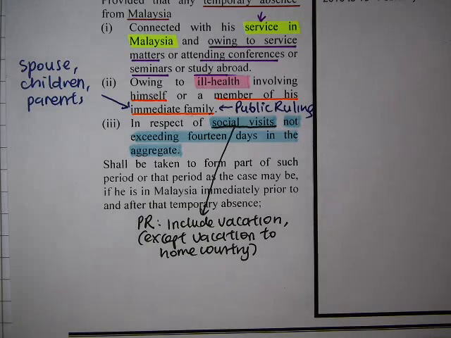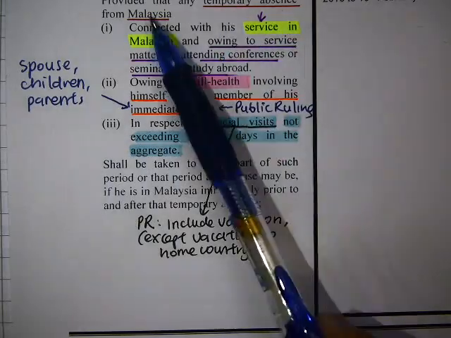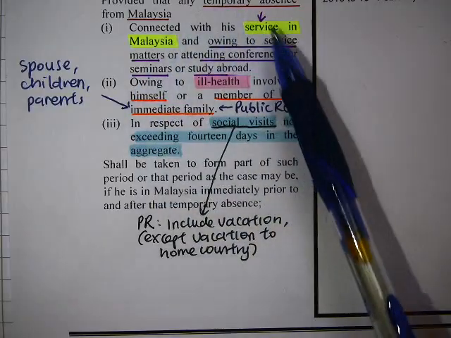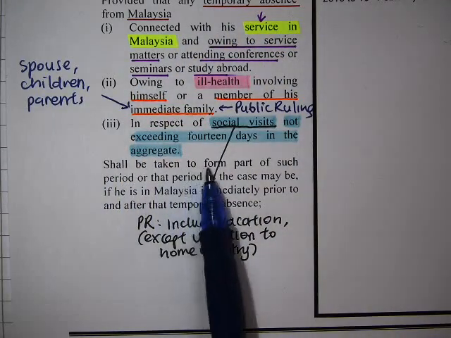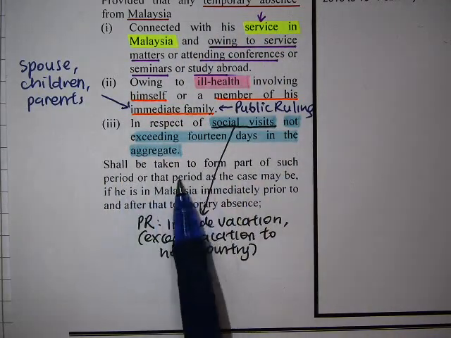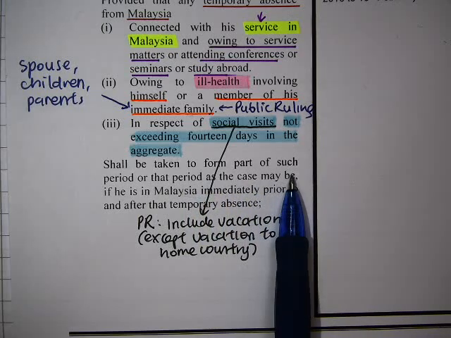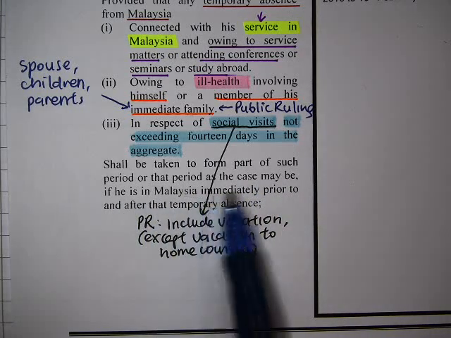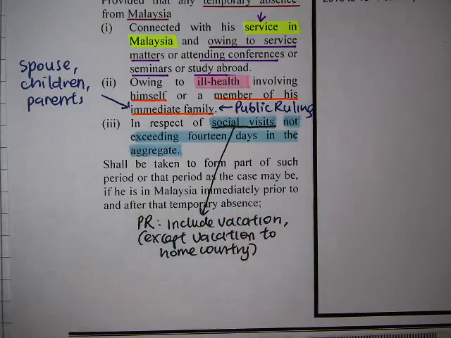So if there's any temporary absence due to any of these three reasons, it shall be taken to form part of such period or that period as the case may be, if he is in Malaysia immediately prior to and after that temporary absence.